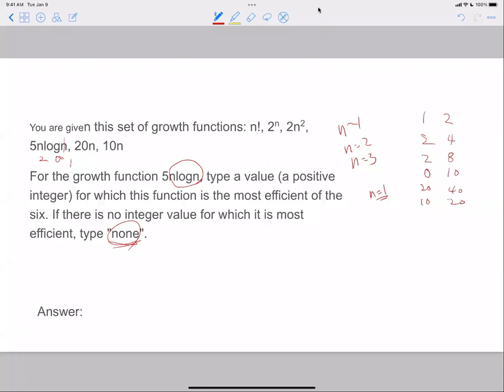So in this case, the answer would be when n is 1. That's how we can solve this question.